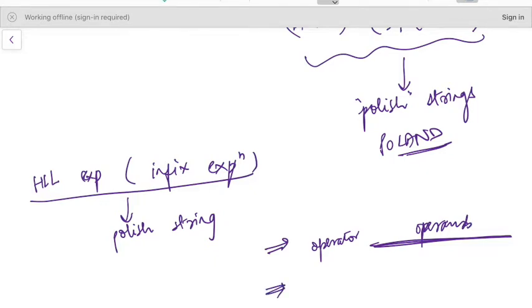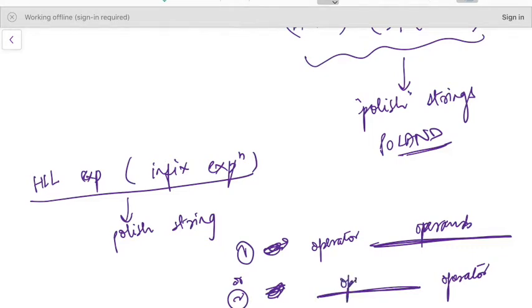Or, I mean, this one is the first point or second point. Either of them should be true, or operator is at the end, and then here are the operands, right?